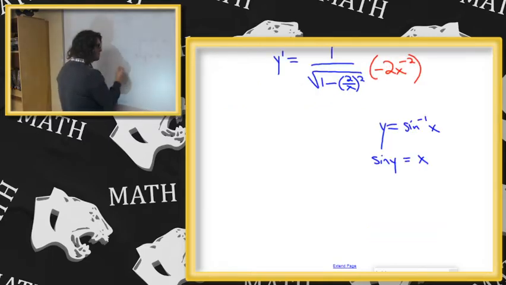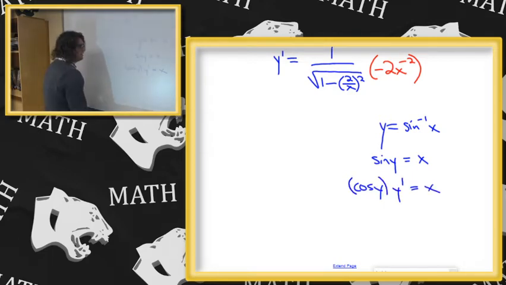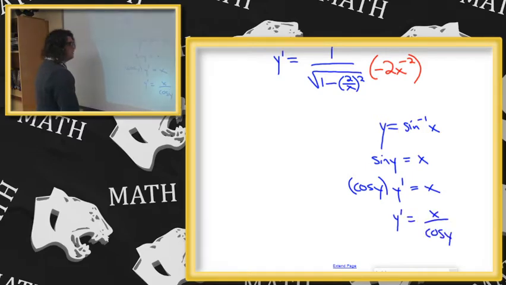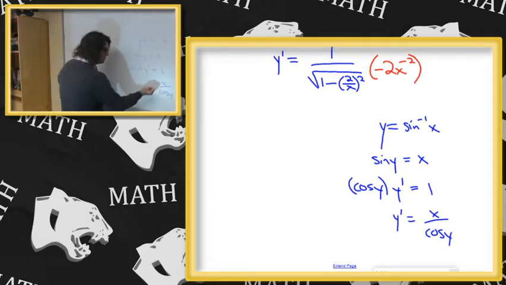And going from there, we'd have cosine y times y prime is equal to x. Sorry, the derivative of the other side is 1.